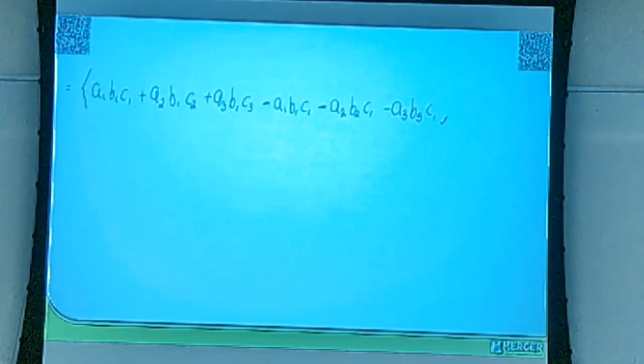There's the first component. Didn't change anything because I just added 0.